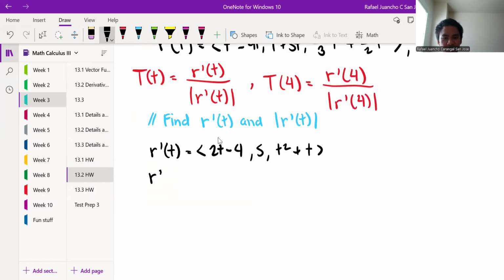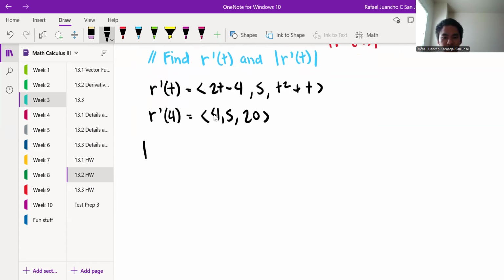So r prime of 4 is going to be what? 2 times 4 is 8 minus 4, that's 4. 5, and 4 squared, that's 16, plus 4, that's 20. So that's that, and therefore my r prime of 4, so let's make it 4.